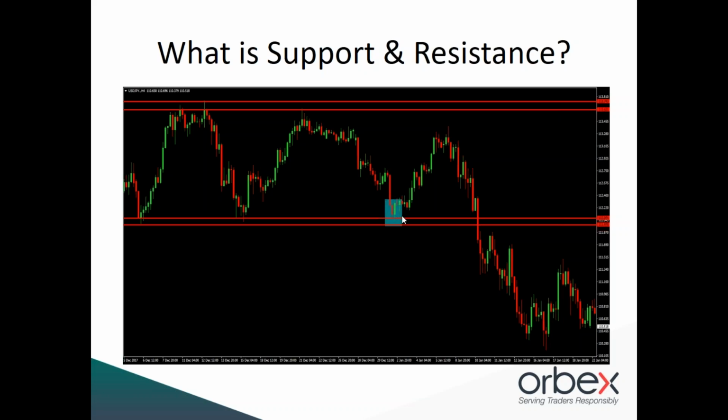And so if you think about what we've actually identified at this level, it is confluence between two key technical elements suggesting a reversal higher in price. So we've highlighted a support level in the market where we've had two prior bullish reversals, strong bullish reversals. We anticipate that as price trades back down into that level, we're going to see yet a further reversal higher.